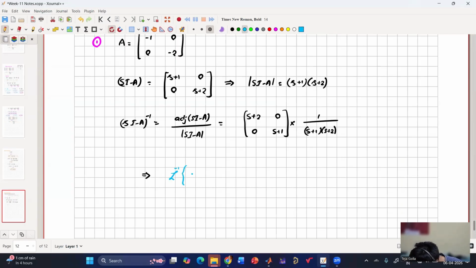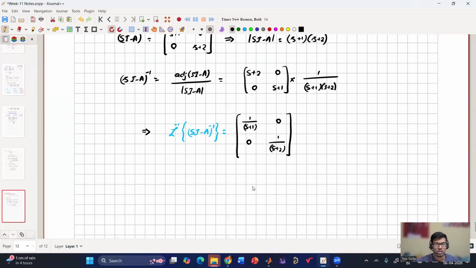Laplace inverse of (sI minus A) inverse is equal to 1 by s plus 1, 0, 0, 1 by s plus 2. Sorry, I think I should not have written like this.